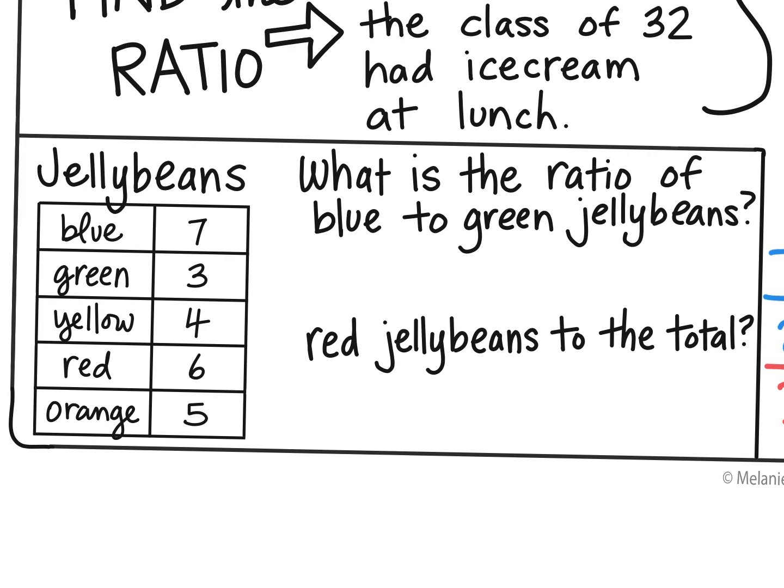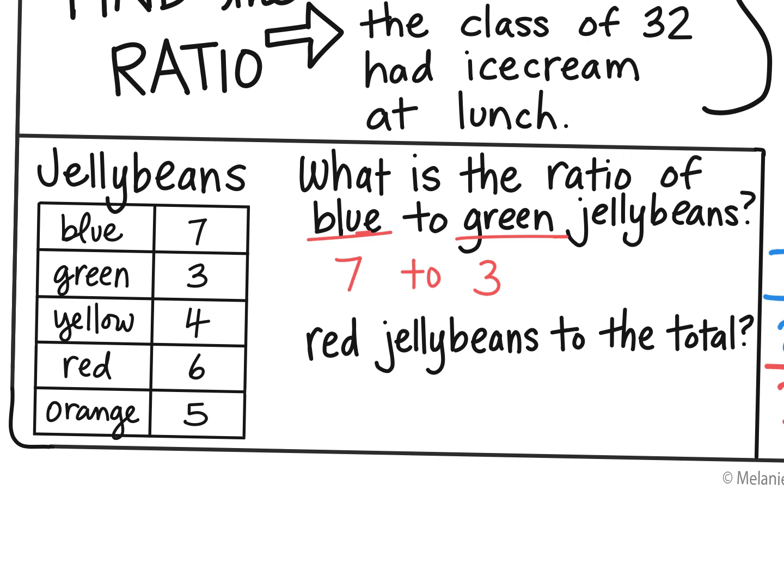What is the ratio of blue to green jelly beans? The first thing I want to do is find my blue and my green. Do you think I can say 3 to 7? No, because that would be green to blue. It says blue to green, so I have to make sure I write blue to green. That's one way to write it.